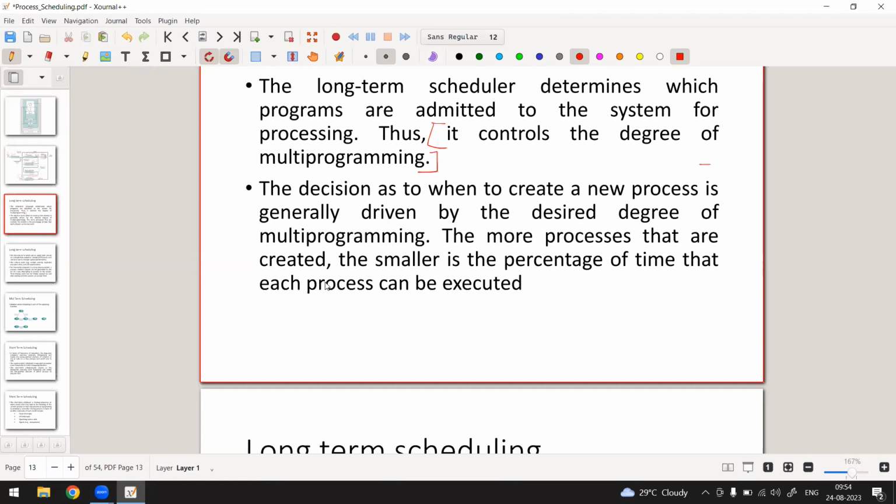If you keep a higher degree of multi-programming, more processes will be in the memory. If you keep it lower, fewer processes will be in the memory. All these decisions are taken by the long-term scheduler.